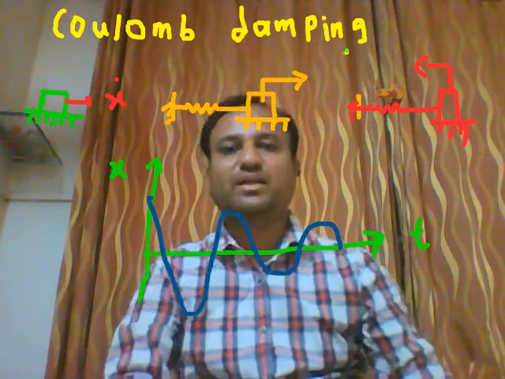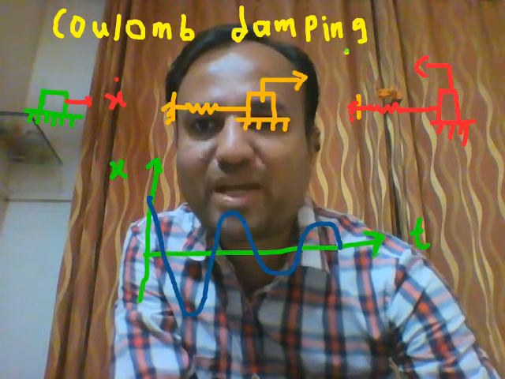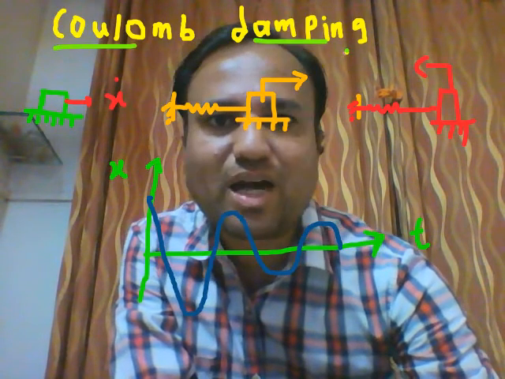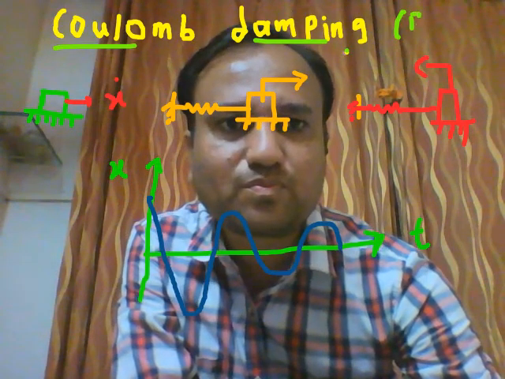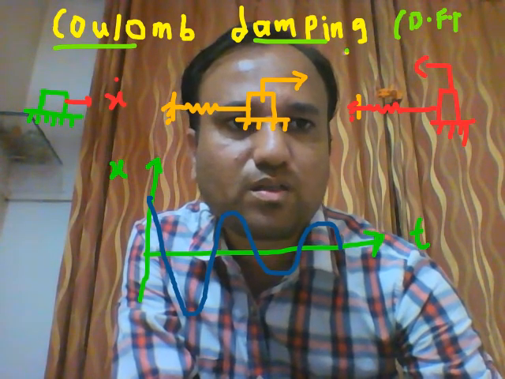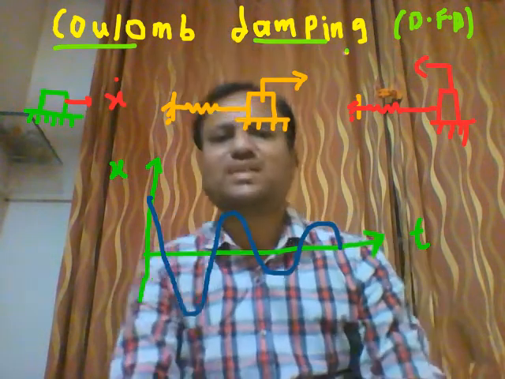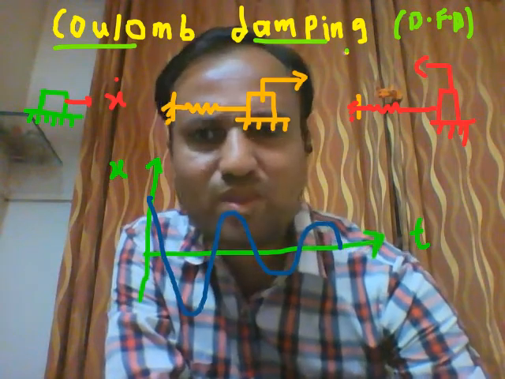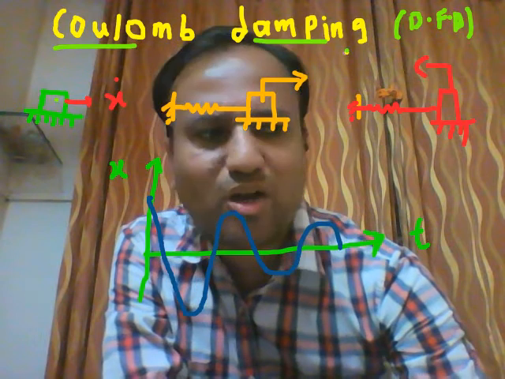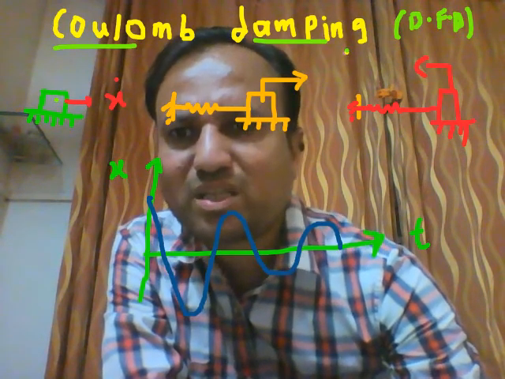So second damping is Coulomb damping. Student, Coulomb damping is also called dry friction damping. Simple example, let the block having mass m slide over a surface.